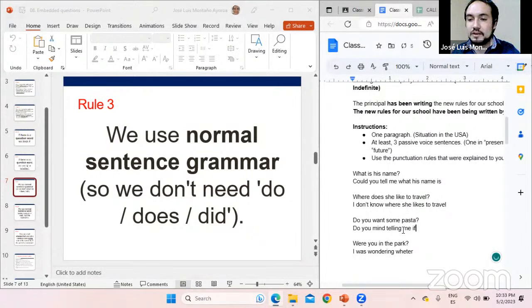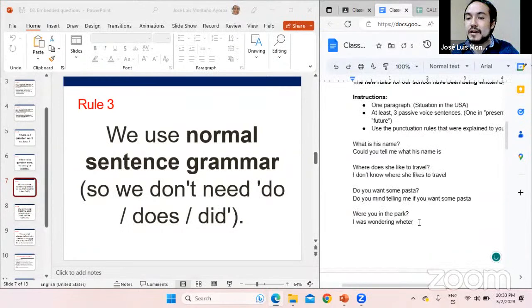Here, do you mind telling me if you want some pasta, right? Sentence order, statement order. I was wondering whether you were, right? Subject, verb. Whether you were in the park or not. That's what we can do when we have whether, right?